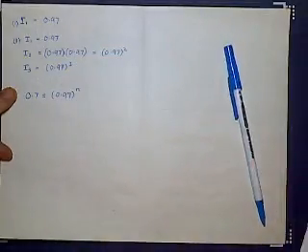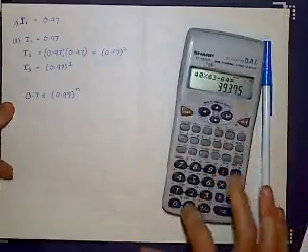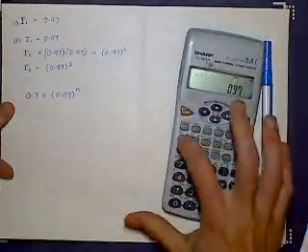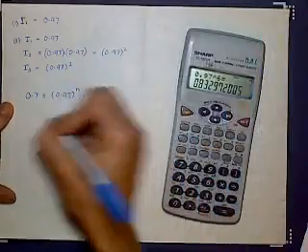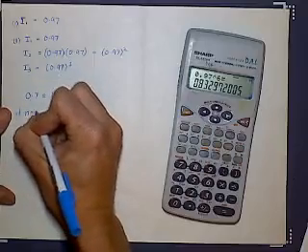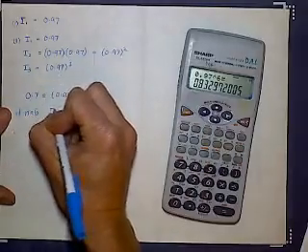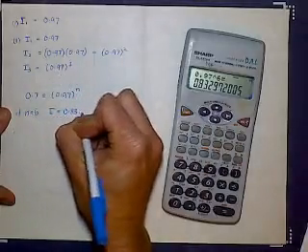I'll try n is equal to 6. So 0.97 to the power of 6 gives me 0.83. So if n is equal to 6, intensity is equal to 0.83.